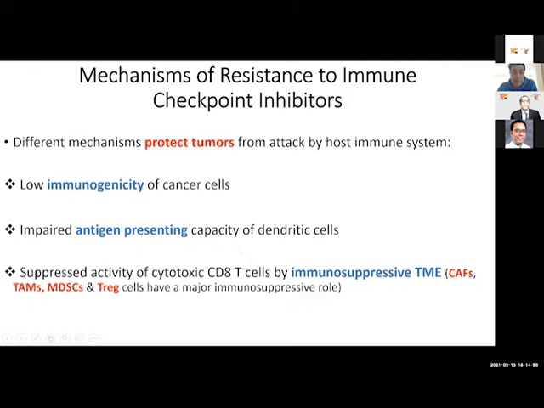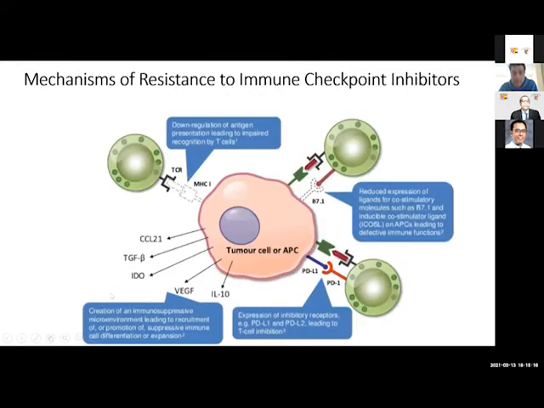Also, the activity of CD8-positive cytotoxic T lymphocytes can be suppressed by other types of immunosuppressive cells in the tumor microenvironment. We cannot neglect tumor-associated macrophages, myeloid-derived suppressor cells, and T regulatory cells.